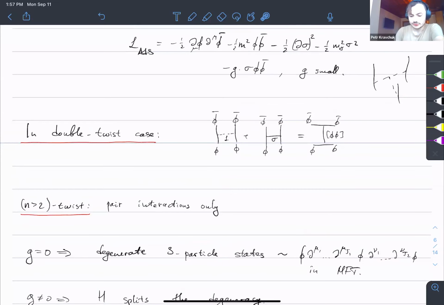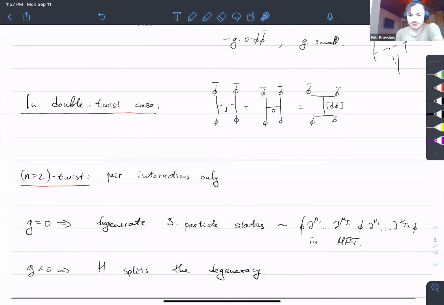Now, if G was 0, then we would just have 2 free scalars in AdS, and this is generalized mean field theory. So our, say, 3 particle states would be described by these sorts of expressions in this generalized mean field theory.